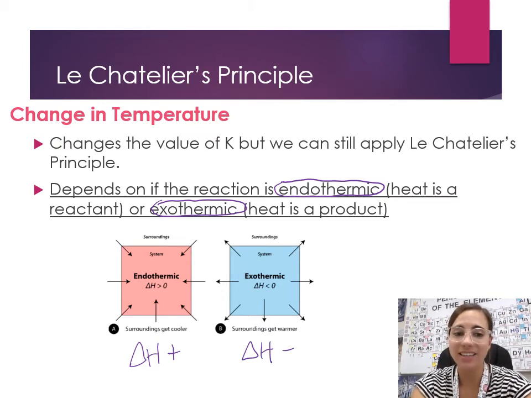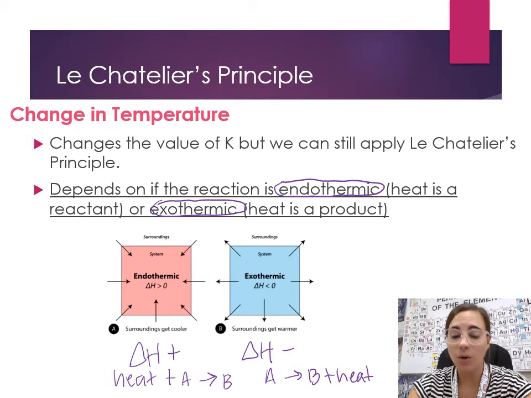So for an endothermic reaction, we think of heat as a reactant. And for an exothermic reaction, we simply treat heat as a product. All right.